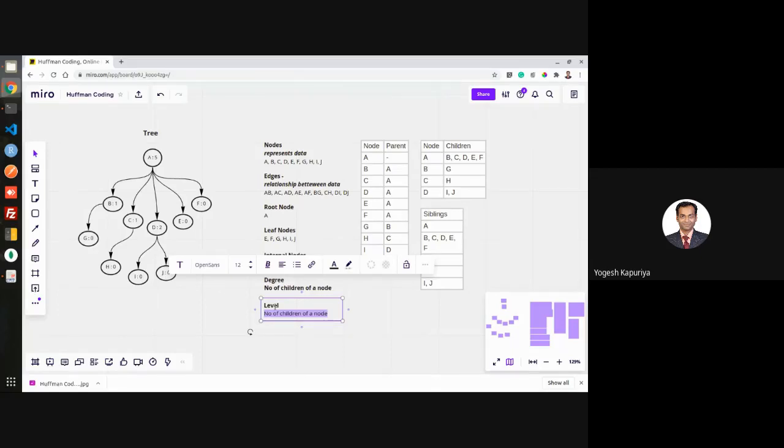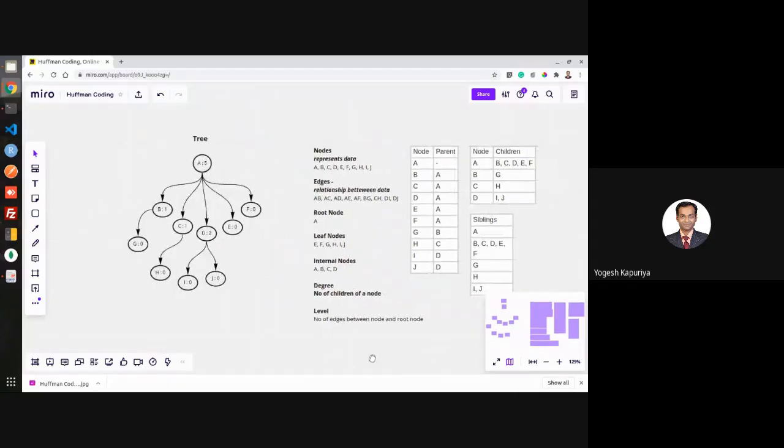The grandchildren of root node are at level 2. So it means that level is actually the number of edges between a node and the root node. You can define level like this.